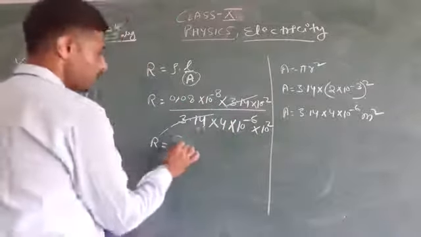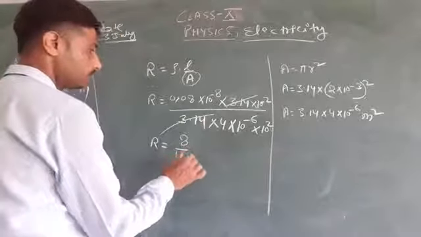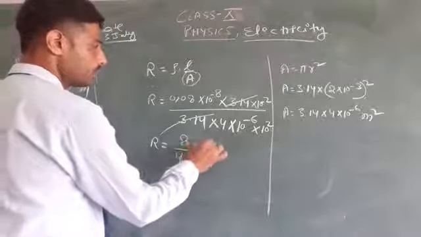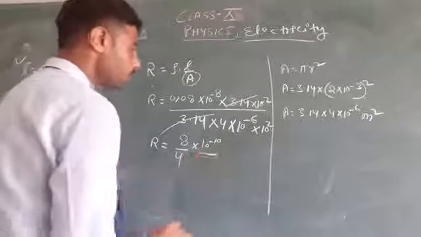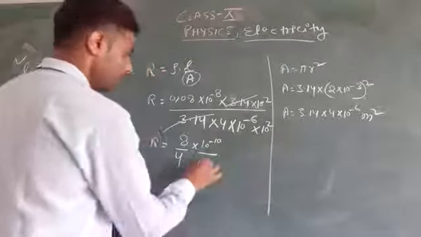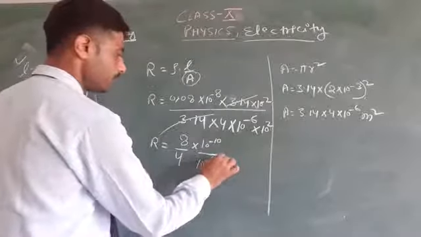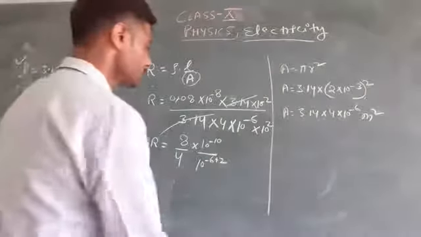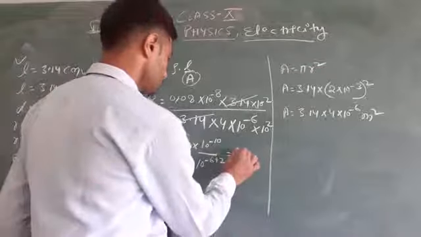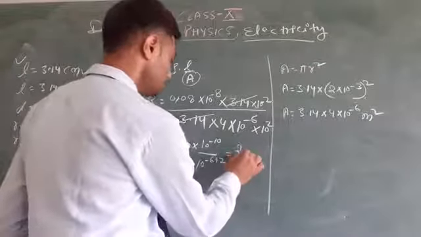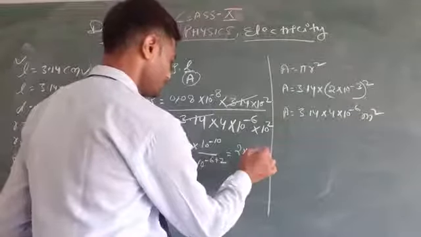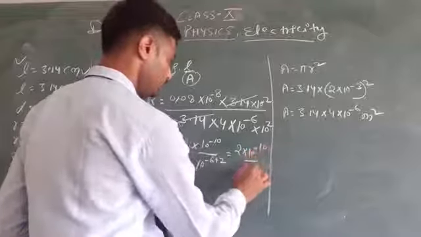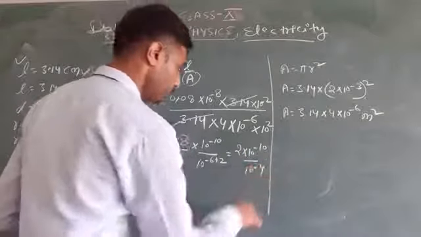So 8 upon 4, 10 to the power minus 10 upon 10 to the power minus 6 plus 2, minus 6 plus 2. So 2 into 10 to the power minus 10 upon minus 4.